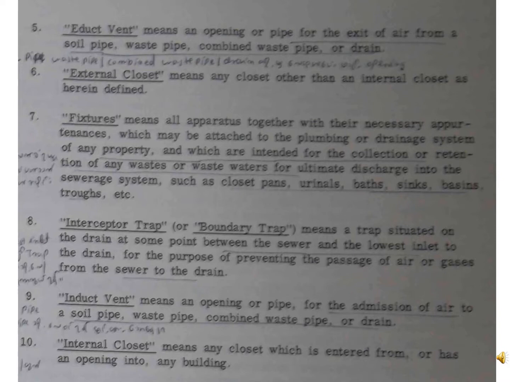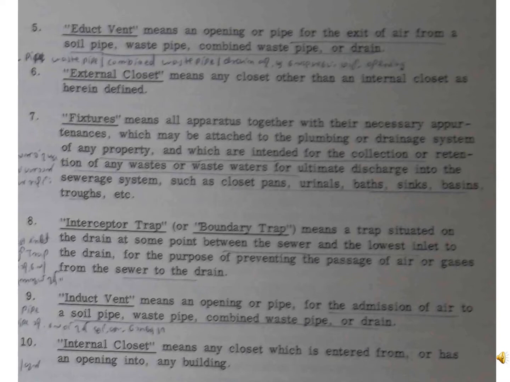Therefore those gases or air coming from the sewer need to be intercepted and prevented. So we have to utilize the interceptor trap or the boundary trap to prevent the air or gases from the sewer to the drain.